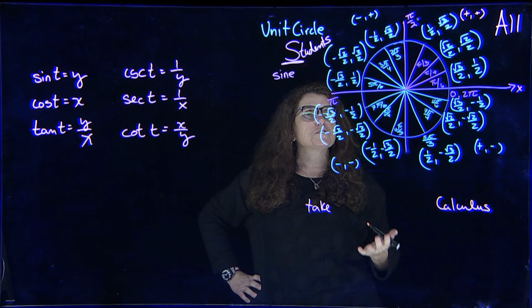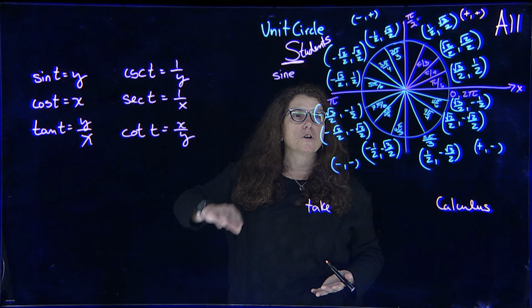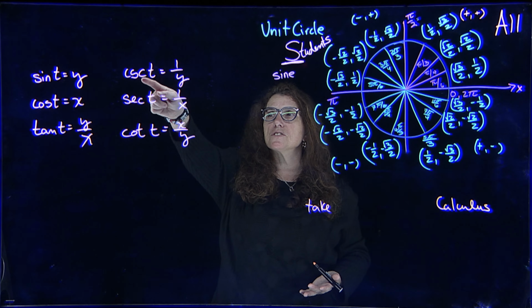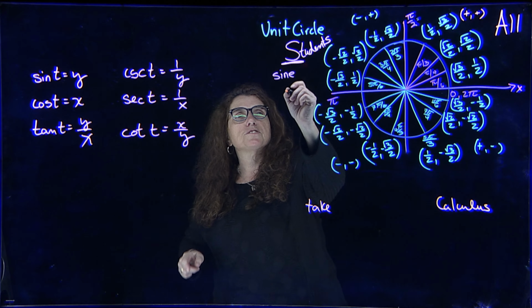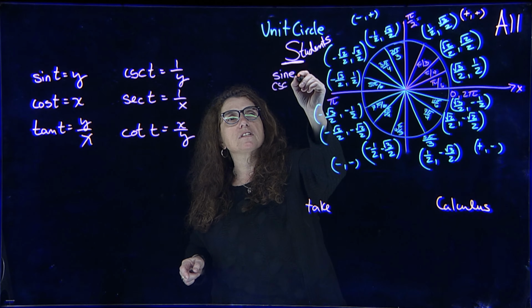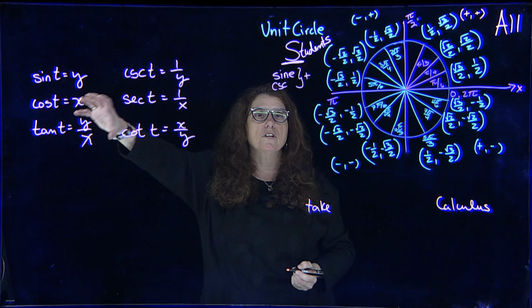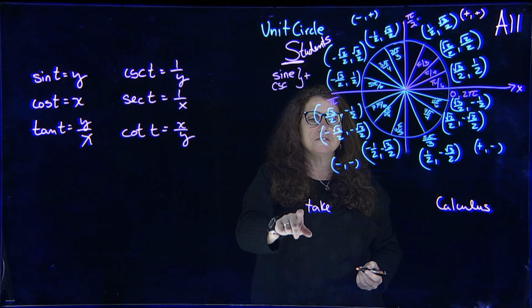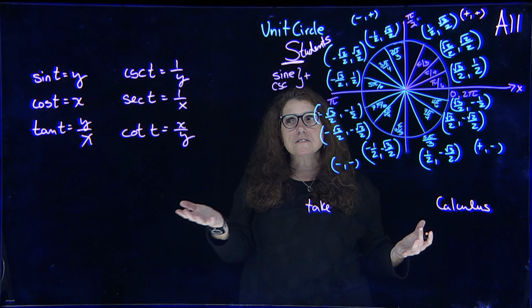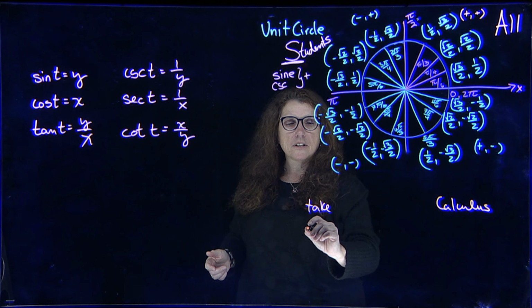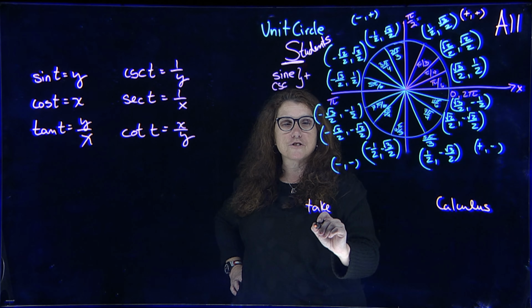The sine is positive in quadrant 2, not only the sine, but also its reciprocal, which is the cosecant. So the sine and the cosecant, they are positive. The other 4 trig functions are negative. T, what do you think T stands for? If you look at your trig functions, there's only one, and that means tangent.